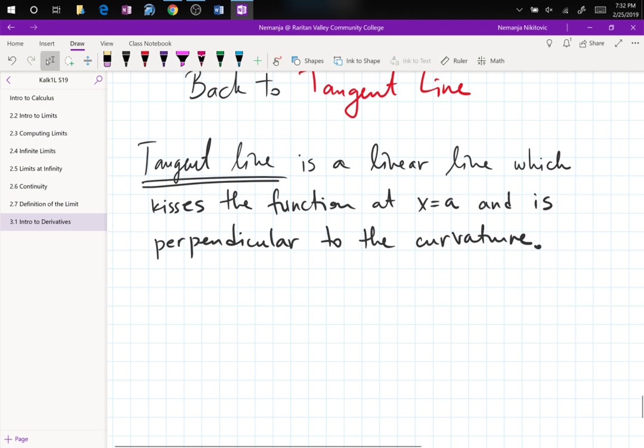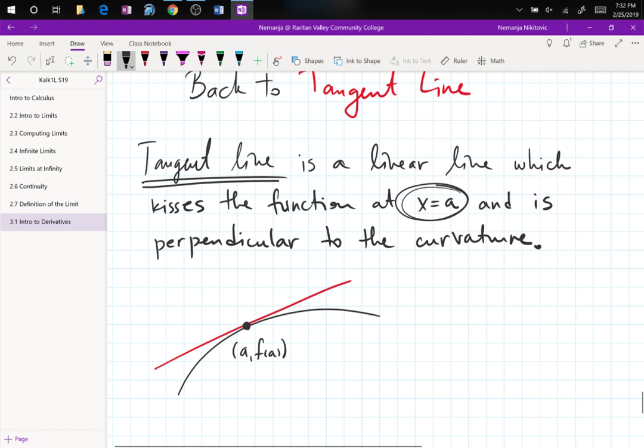So the tangent line, if you take a look at the curve, touches at one spot, which is the reason why we use the wording kisses the function. Next, that occurs at f of a, because I used x equals a here. This is your function f of x.